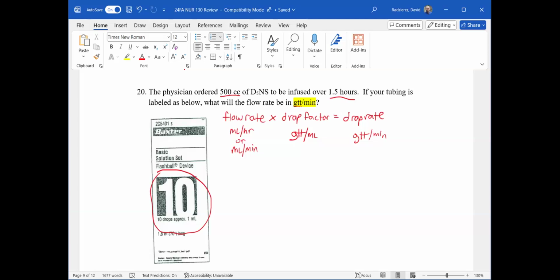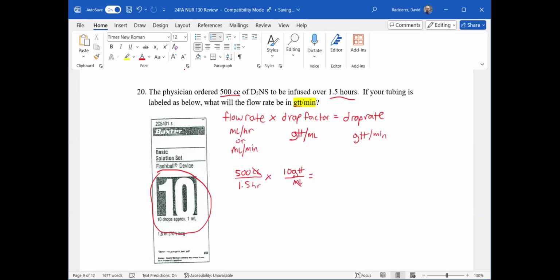So for this flow rate, we're going to take our volume, 500, over our time, 1.5 hours. We're going to multiply by our drop factor, which is 10. CCs and MLs are equivalents, so you can cancel those out.